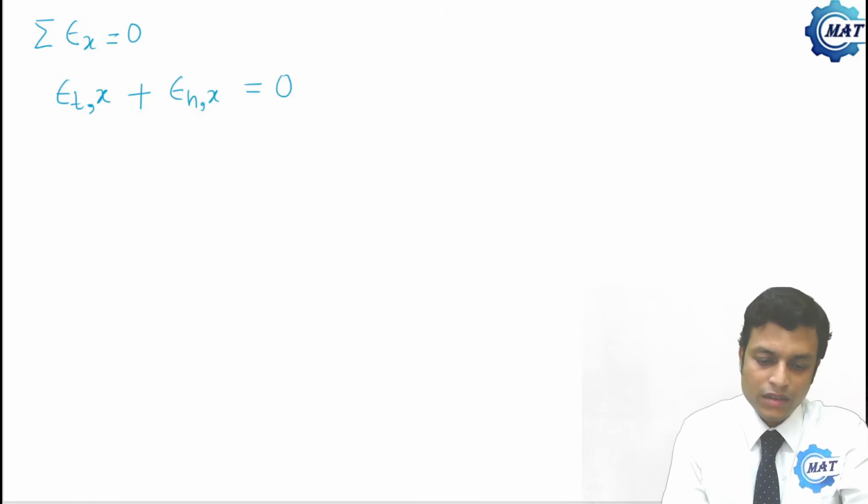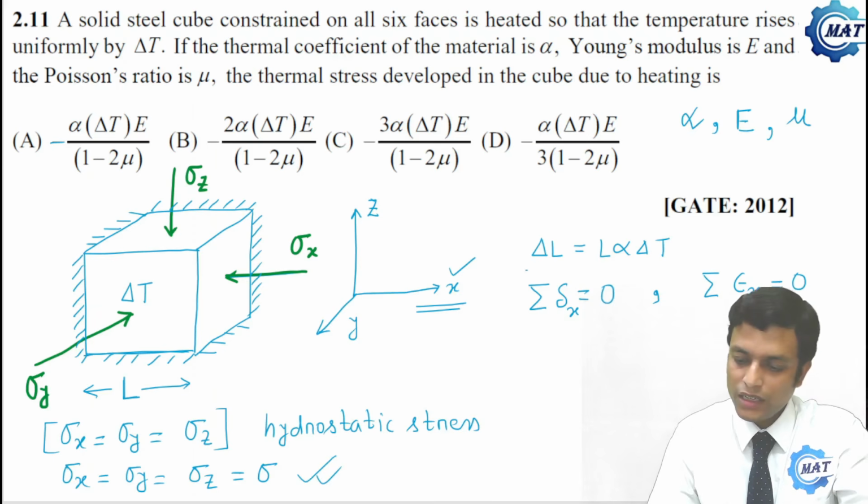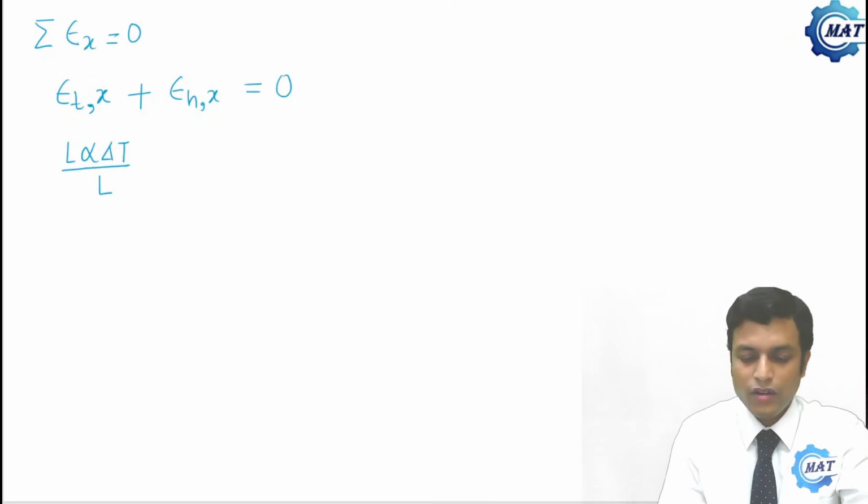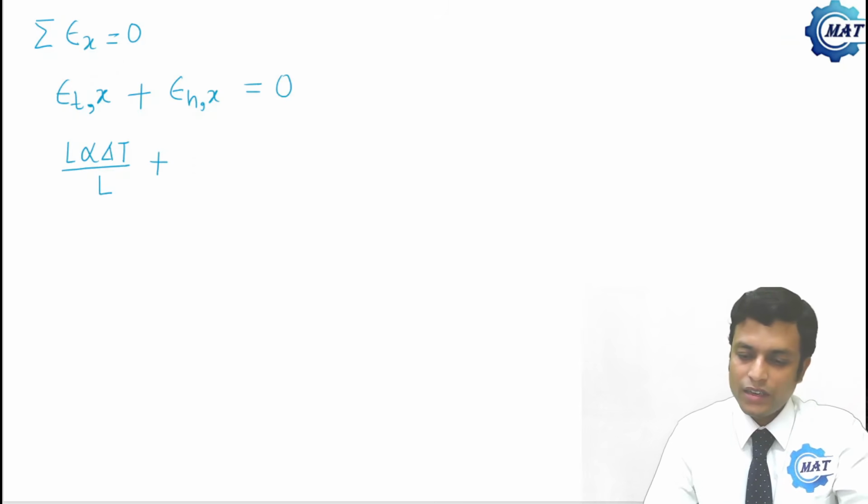Now what is the thermal strain along X direction? Thermal elongation is L alpha delta T, so thermal strain will be L alpha delta T divided by L, that is, elongation divided by initial length. Now what will be the hydrostatic strain?